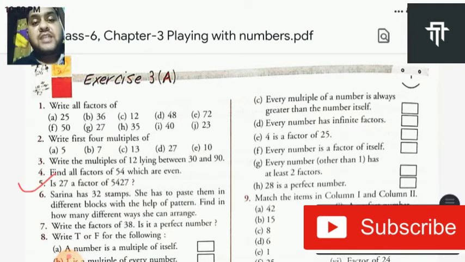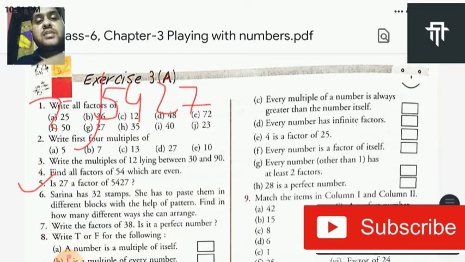Is 27 a factor of 5427? So how can we find out whether the given number is a factor of the number or not? If it is completely divisible by the given number, that means the remainder must be 0. So we can check it by dividing it. So divide 5427 by 27. When we divide it, 27 twos are 54, cancel.